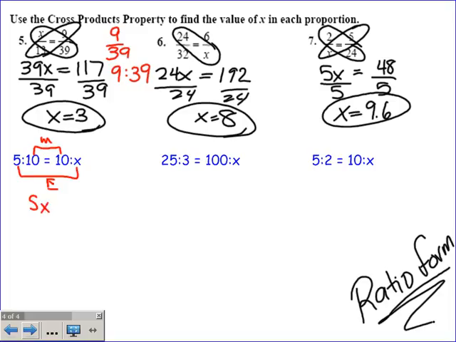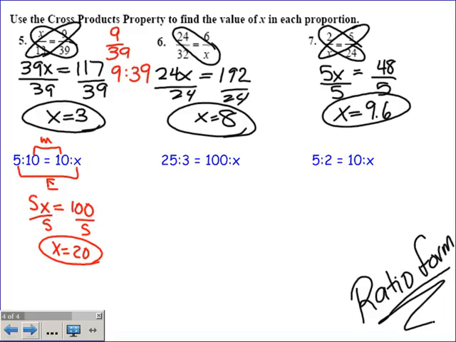Multiplying your means, what's 10 times 10? 100. We divide both sides by 5, and x equals 20. That's our answer. So 5 to 10 is the same thing as 10 to 20, which makes sense. Does anyone have any questions about how that first one works?